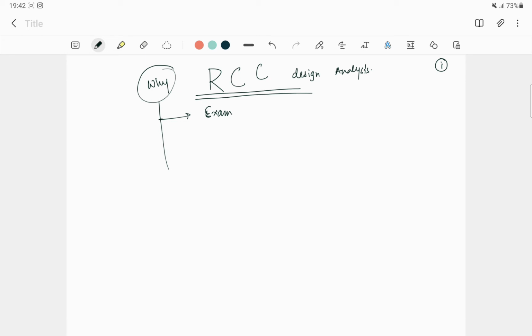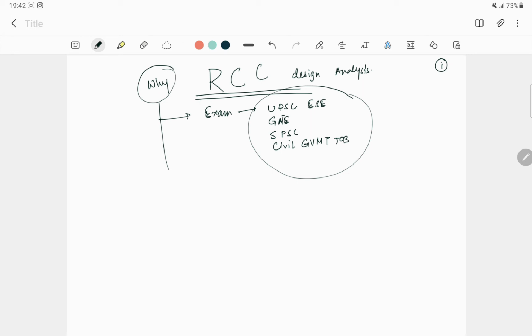If we focus on exams like UPSC, ESE, GATE, state level PSC or any other civil government job, definitely you will find RCC related questions.